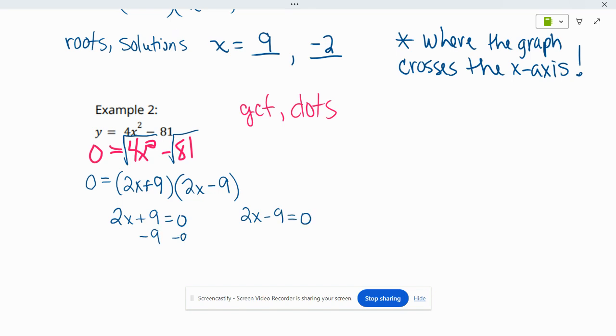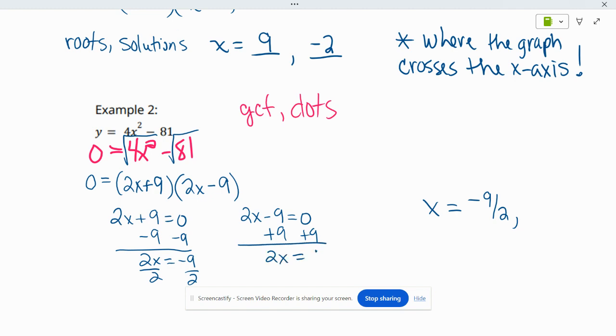Subtract 9. 2x equals negative 9. Divide by 2. That means my first answer is x equals negative 9 halves. My second one, add 9. That's 2x equals a positive 9. Divide by 2. That means my other root or solution is x equals a positive 9 halves.